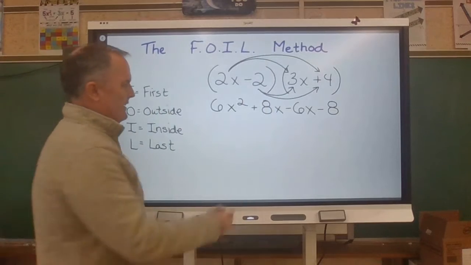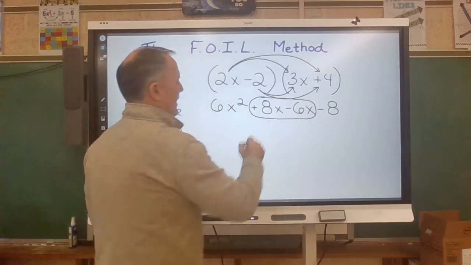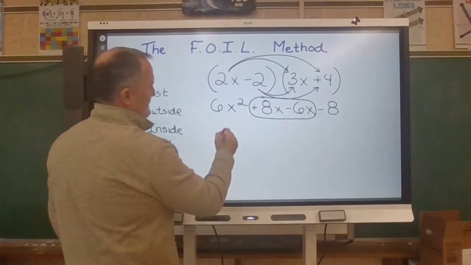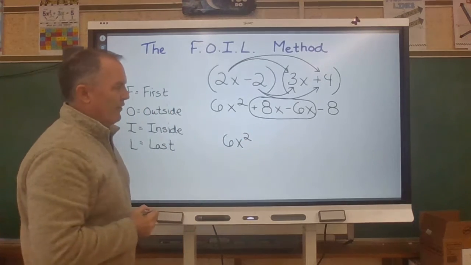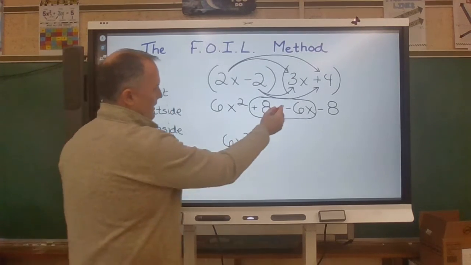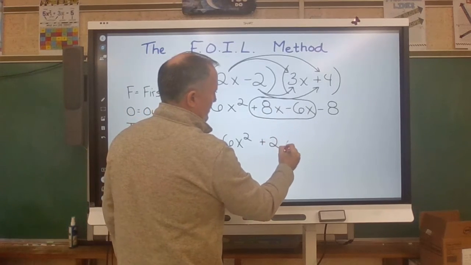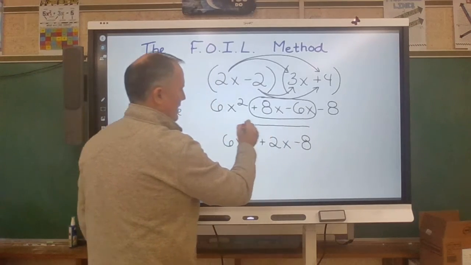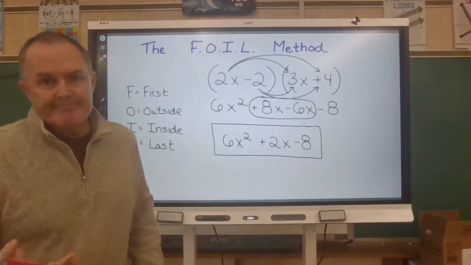Now, once again, if you notice, I have two terms on the inside that are like terms, so I can combine them together. So my final trinomial, or standard form for a quadratic, would be 6x squared. 8 minus 6 is 2. So it would be 2x minus 8. All right, so I have my trinomial.